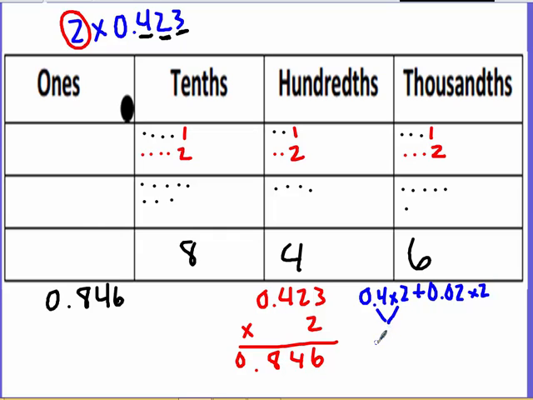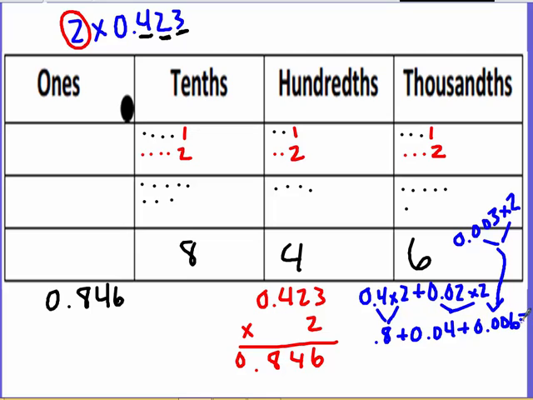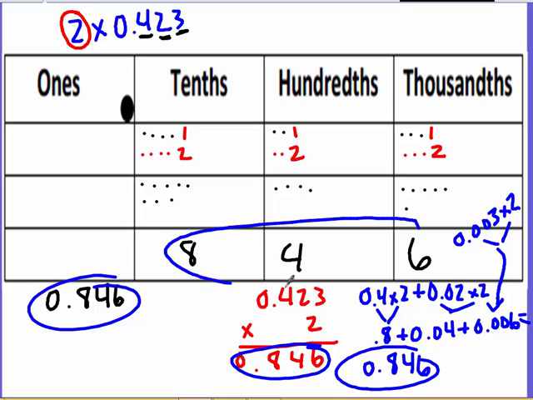This is going to be 0.8 plus 0.04 plus, and this one I'm just going to need to squeeze up here, 0.003 times 2, which is, and as I know from adding decimals, I only add like units. So this will be 0.846. Notice how I always get that same answer, no matter which strategy.